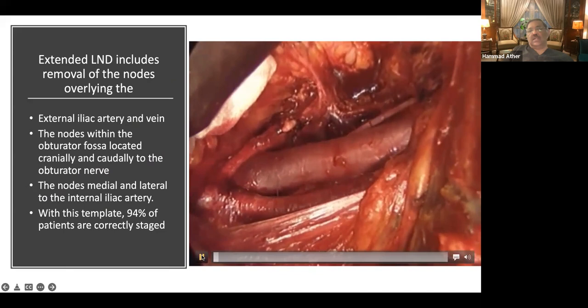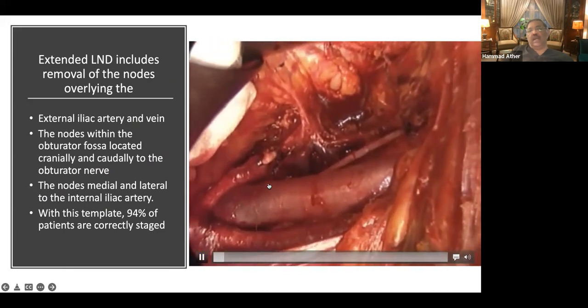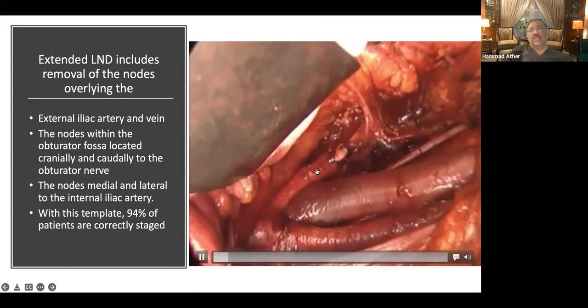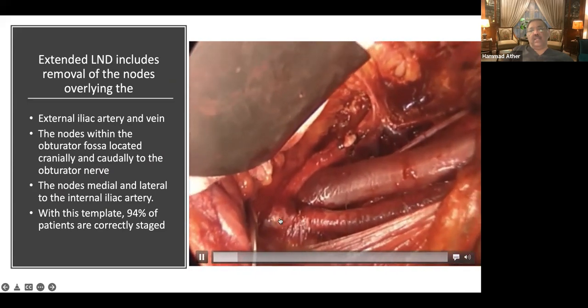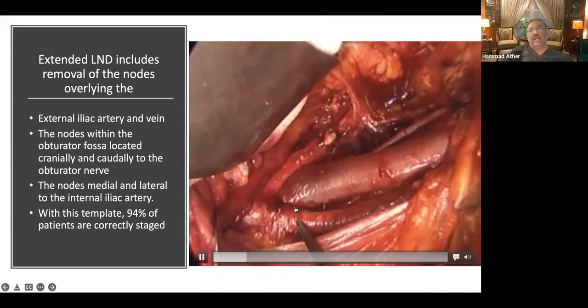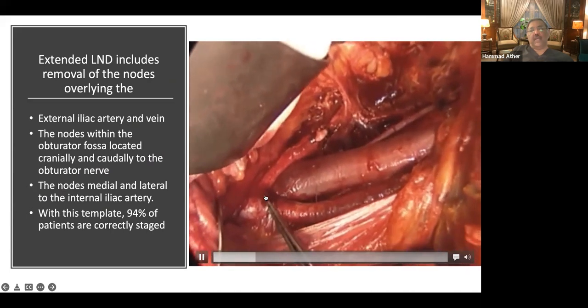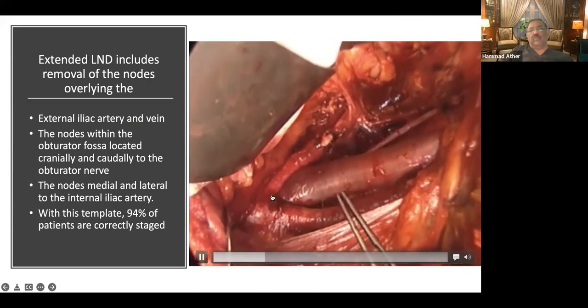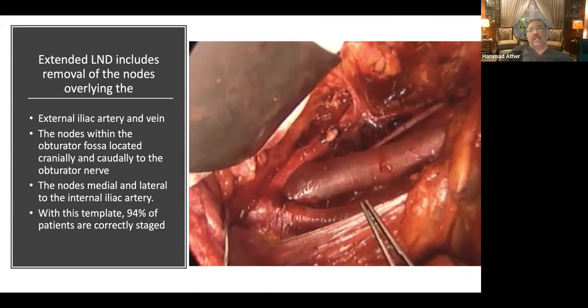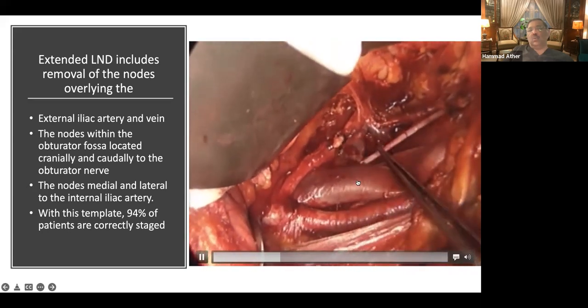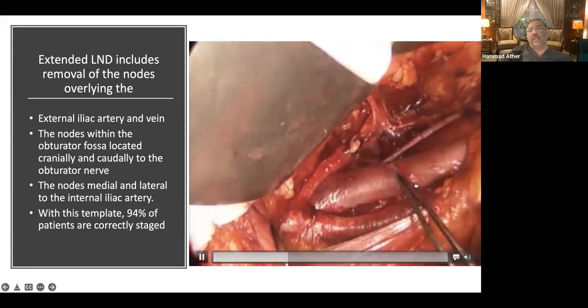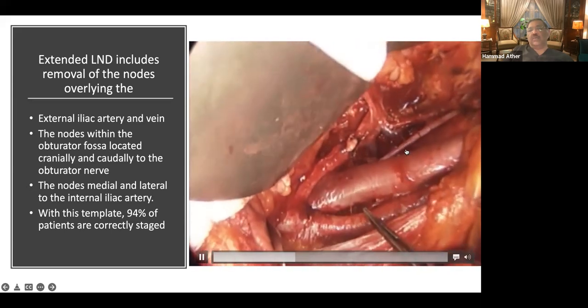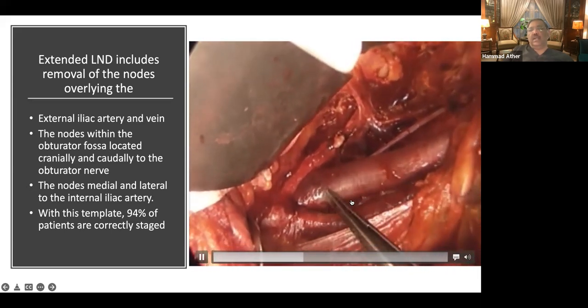So this is showing the lymphadenectomy. This is the internal iliac artery. This is the external iliac artery. This is the bifurcation of the common iliac, what is called the angle of Marcille. And this is the external iliac vein here, and the obturator fossa with an obturator nerve here.